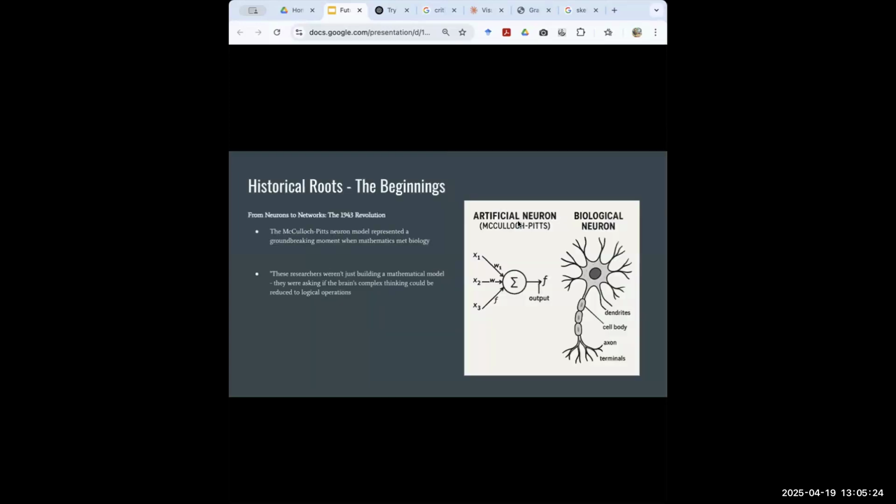So, before we begin, this graph on the right is a comparison of the actual biological neuron and the artificial neuron as we know it.